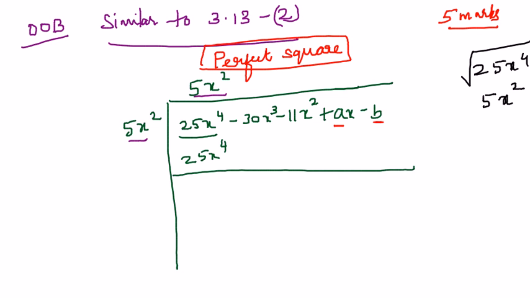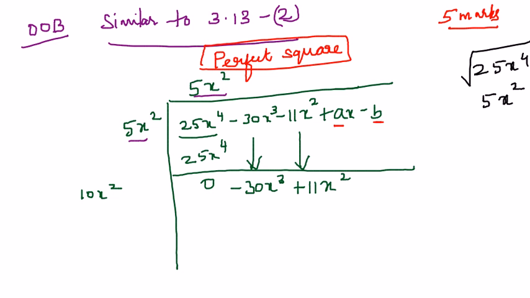Now you subtract, this becomes 0, and then I will bring down my next two terms. So you get minus 30x cube and plus 11x squared. Now we have to multiply whatever we have in the quotient by 2. I have 5x squared in the quotient, so when I multiply that with 2, I get 10x squared.